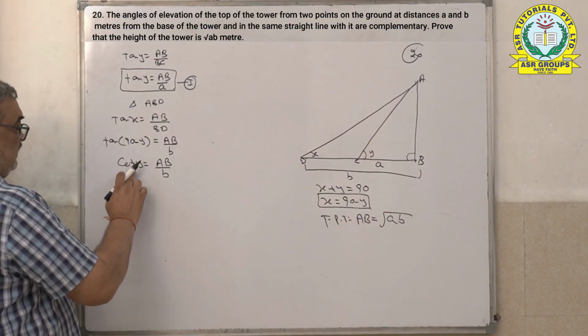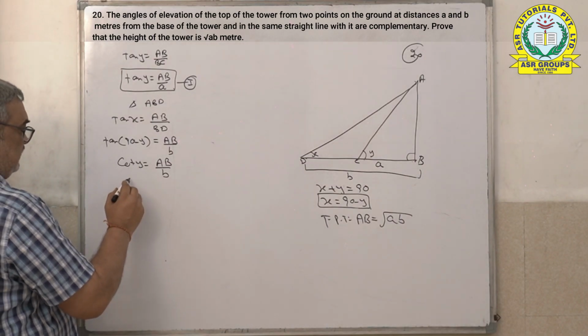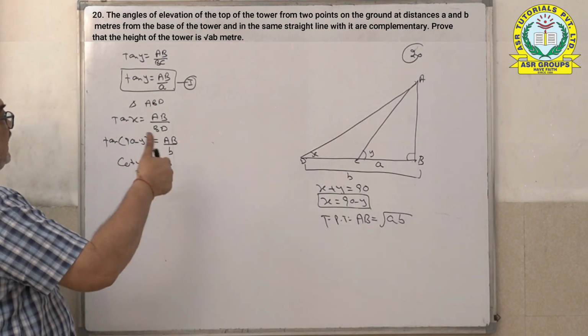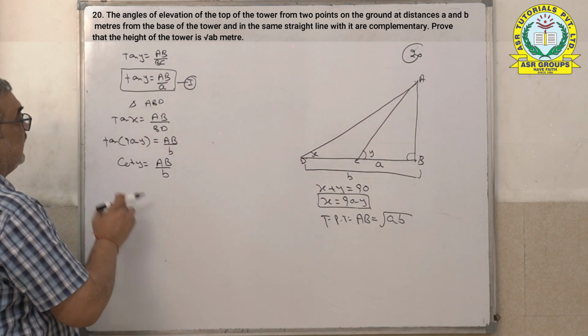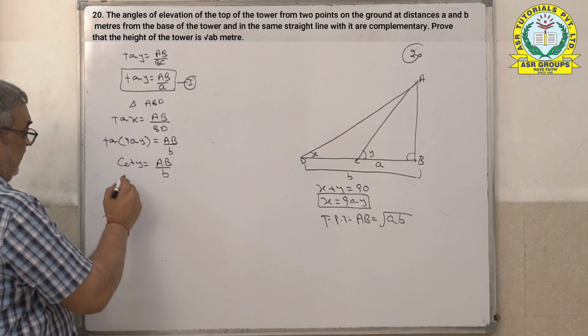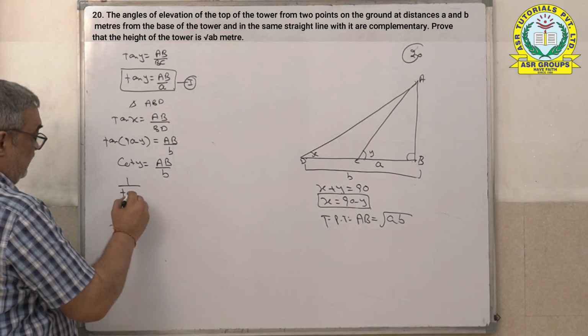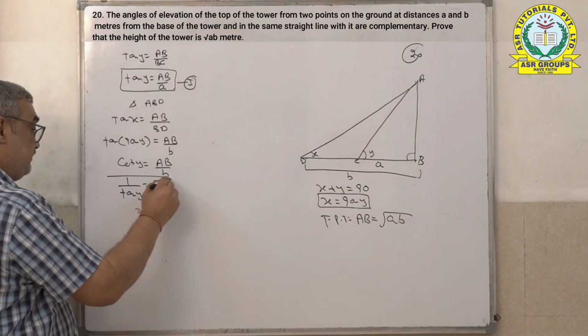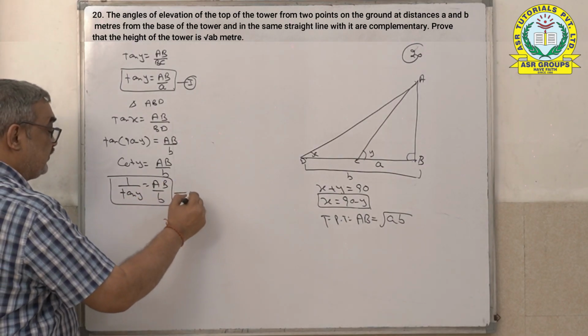Now this cot I can write as the reciprocal, 1 upon tan y, equal to AB upon b. This is part 2.